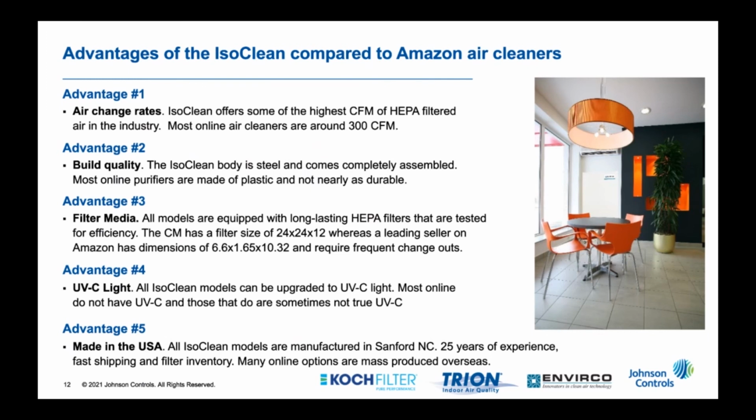We're manufactured in Sanford, North Carolina. We've been manufacturing the IsoClean for about 25 years. We've got the units in stock, and we're able to ship quickly. Obviously Amazon can ship quickly too, but look at the rest of these advantages you're going to get.